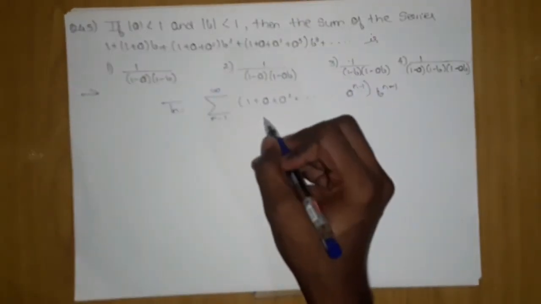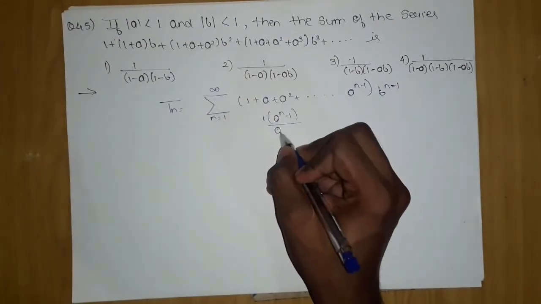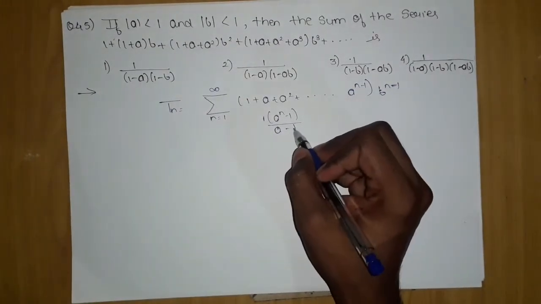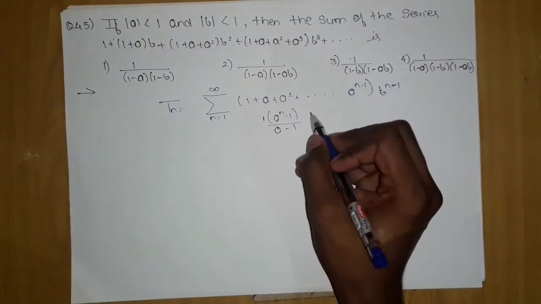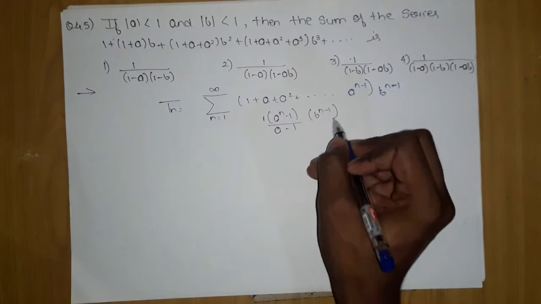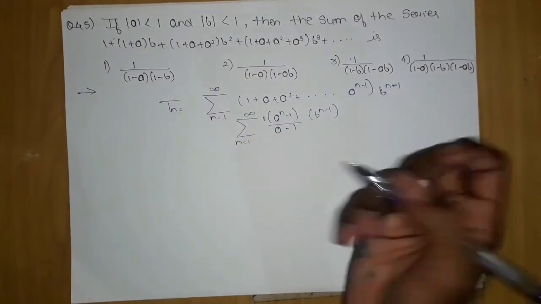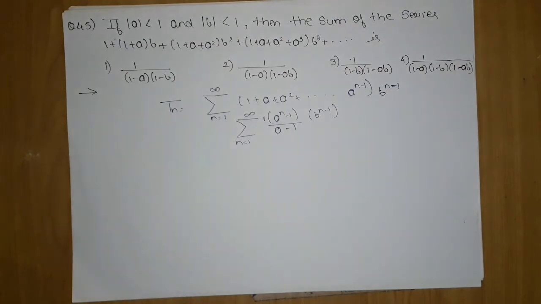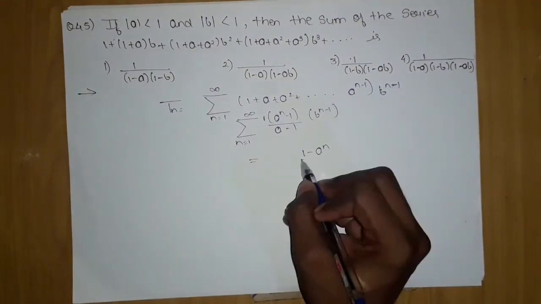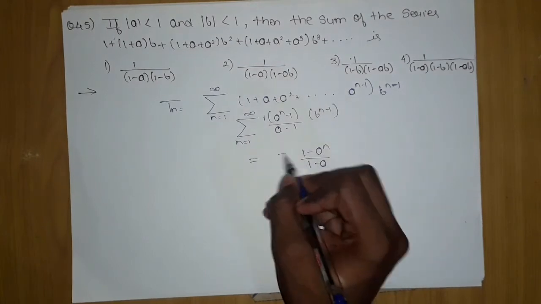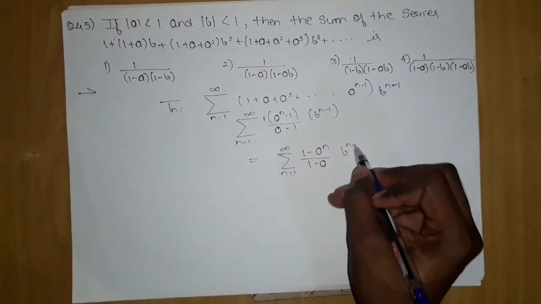So here if I use that 1 into a power n minus 1 upon a minus 1, here we will use b power n minus 1. Summation will remain as it is. And one more thing, they have given mod a less than 1. So we will write it like this: a power n upon 1 minus a, since it is less than 1, summation n from 1 to infinity, b power n minus 1.